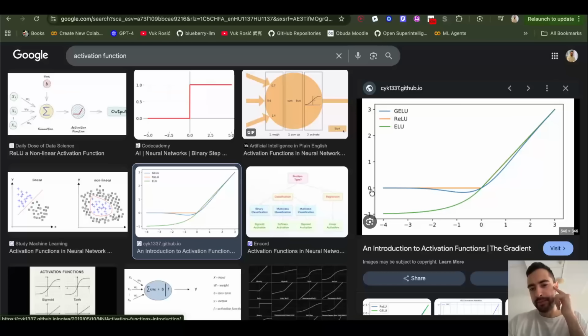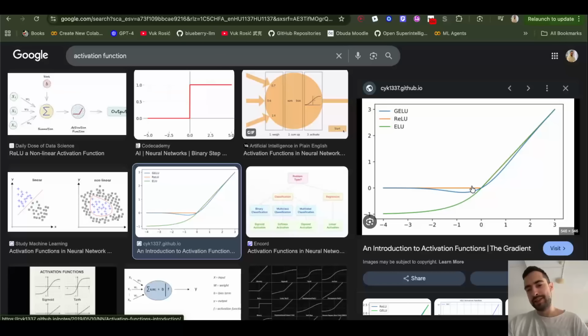Here we have some examples. You see, this is the 0, so ReLU is just 0, and then GELU is actually more curved around 0 here, so it preserves information if the number is around -2. And then we have ELU that's kind of going down even more.